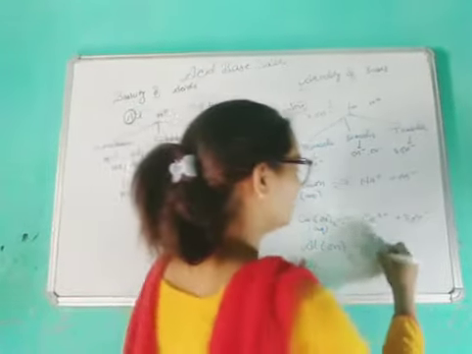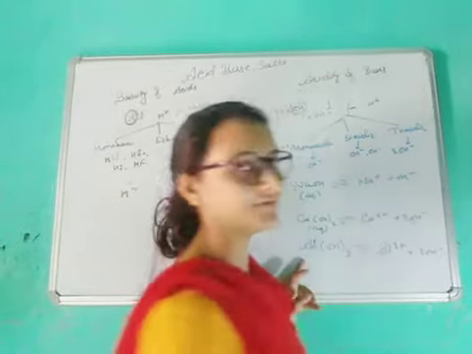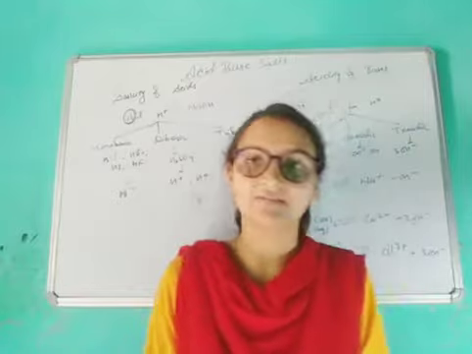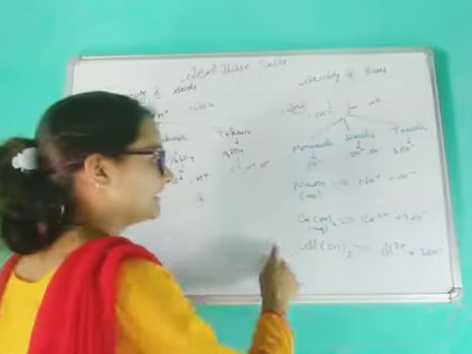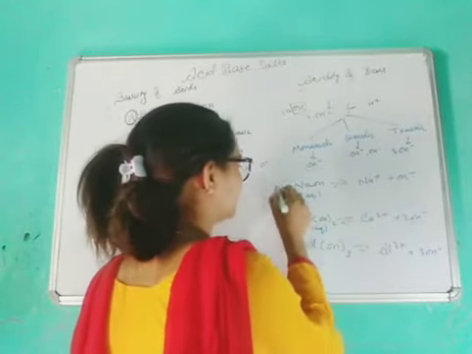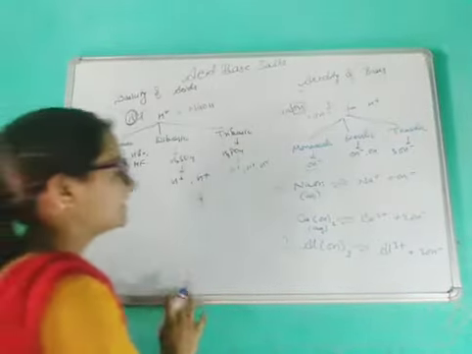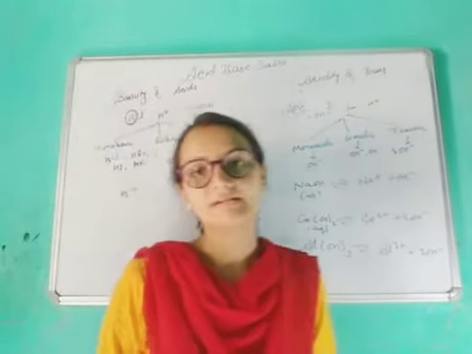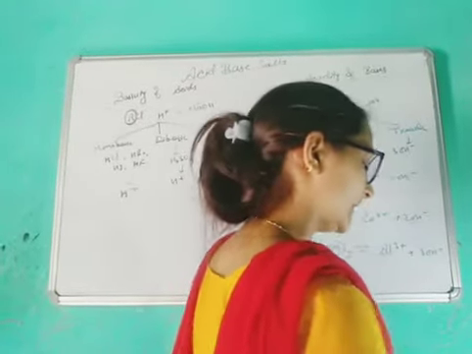It will give you Al3 positive plus 3 OH negative. It will release 3 OH negative ions. And these steps occur in only one step, unlike basicity of acids, they occur only in one step.